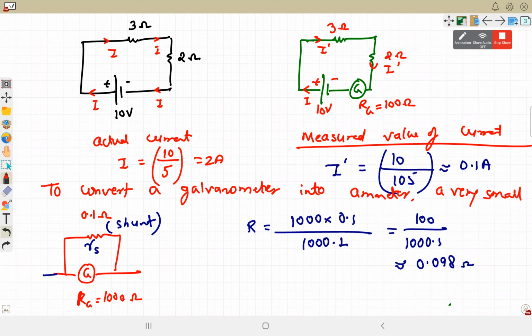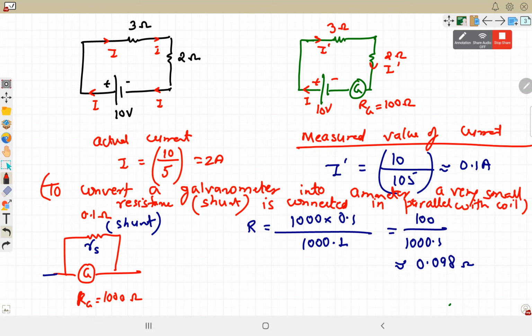A very small resistance called a shunt is connected in parallel with the galvanometer coil.